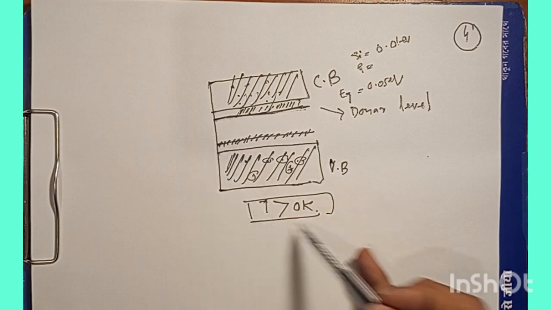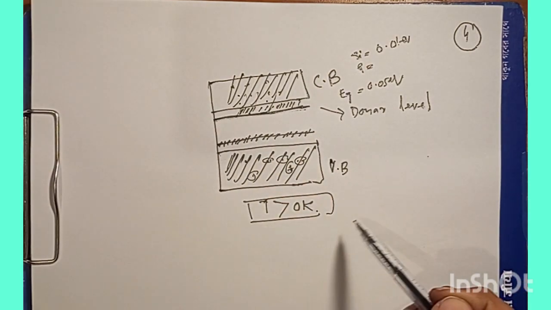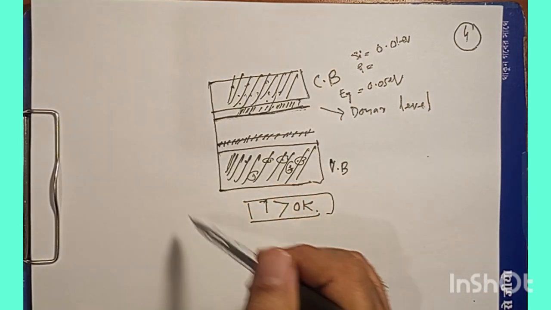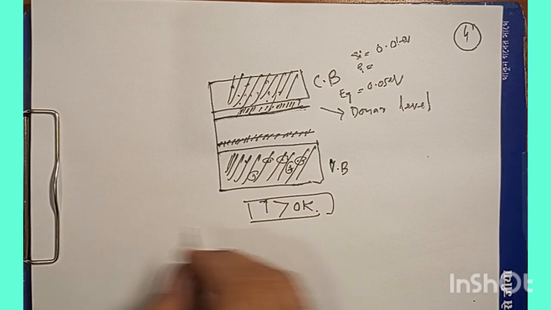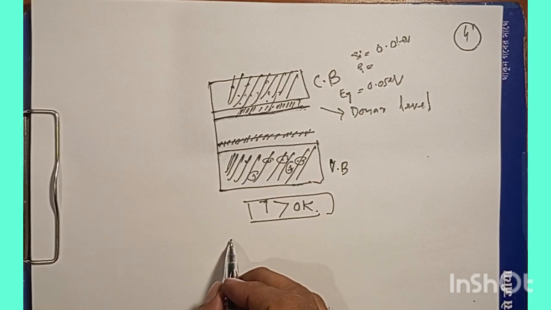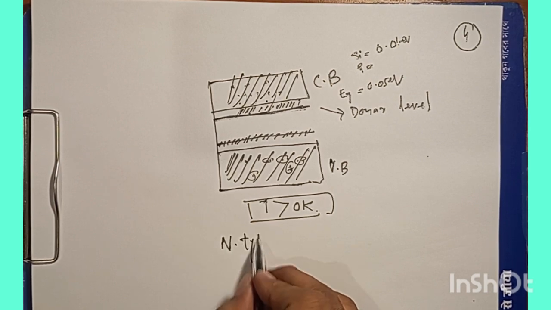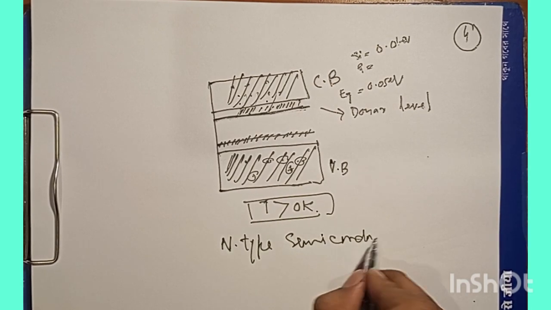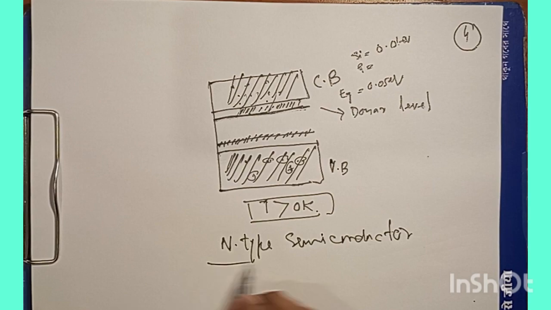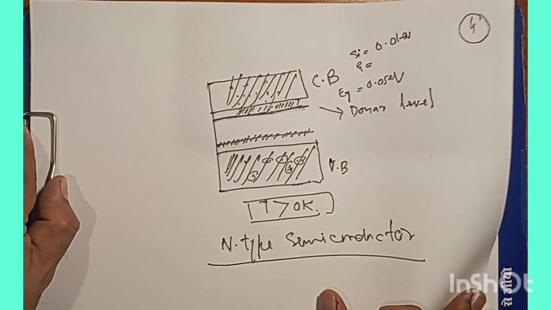This type of doping is n-type doping, and the semiconductor that we have obtained from doping with the pentavalent impurity, we call this an n-type semiconductor.